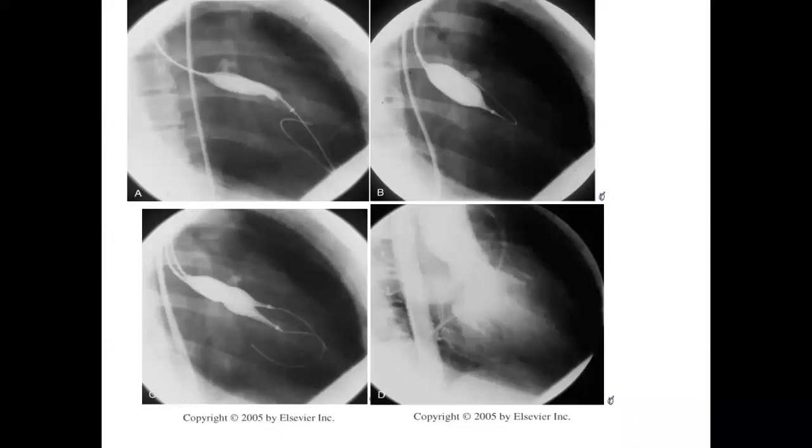Otherwise, in old age patients, this procedure is not a choice for a patient who has severe aortic stenosis, because the wall is calcified and it's very difficult to open by the balloon only.